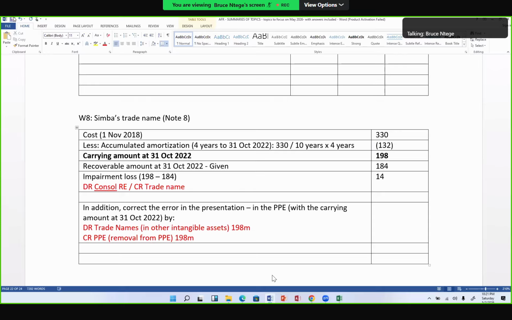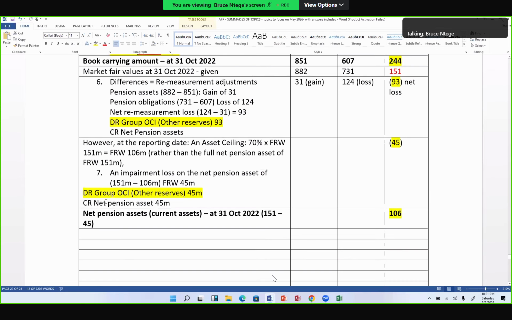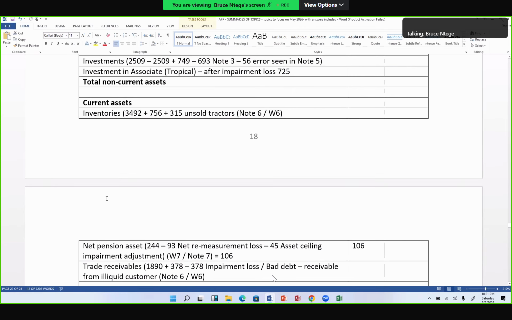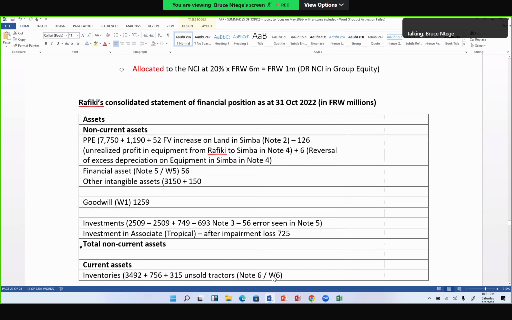Okay. So let me start with the correction of the error. I'll go to my balance sheet under the other intangible assets in the non-current assets and put the 198 there, which is basically the trade name of Simba.